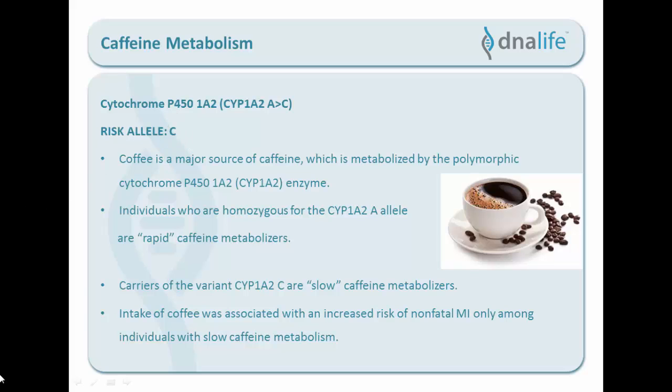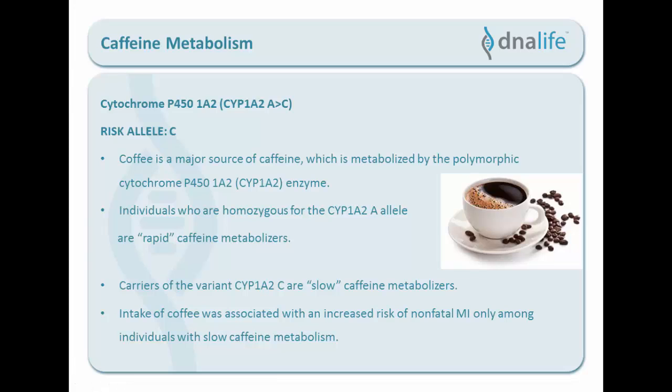So just a bit of background, this gene has often been referred to as the coffee gene because coffee is such a major source of caffeine, and the main gene that metabolizes caffeine in the body is your cytochrome P450-1A2, which encodes for the enzyme, your CYP1A2.